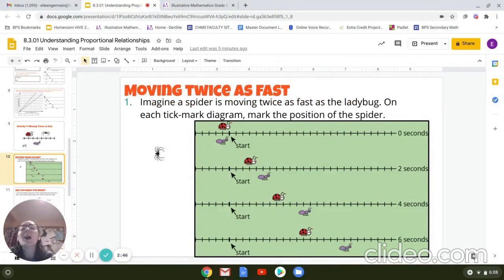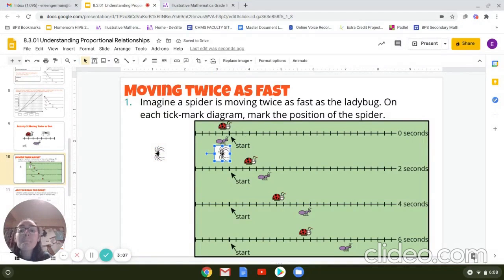So here we go. Imagine a spider is moving twice as fast as the ladybug. On each tick mark diagram, mark the position of the spider. So over here, I actually threw some spiders on here where we can place them where they would fall in each one of these tick mark diagrams.